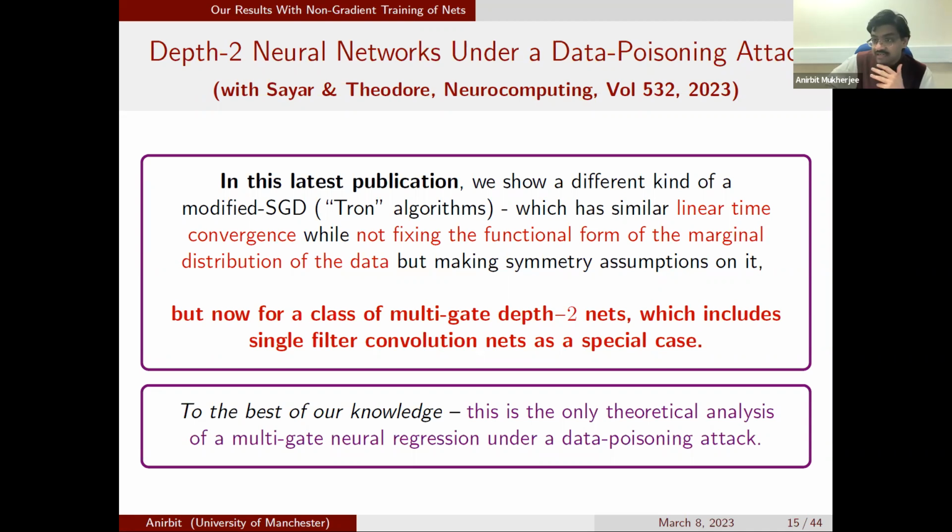When the data is heavy tailed, SGD goes quite bonkers. If there is a label attack under heavy tail data, SGD is best of luck, not happening much, but this algorithm is still stable. And that is somehow not yet mathematically provable. We do not know how to prove convergence of this training algorithm with heavy tail data. And that's a very interesting mathematical question. I think that is currently open.